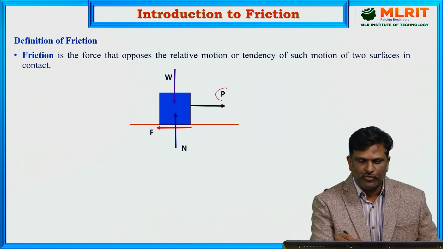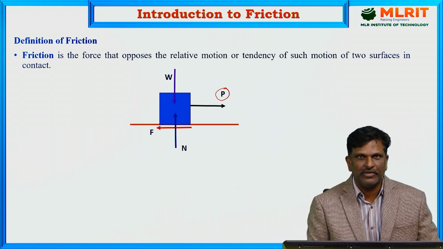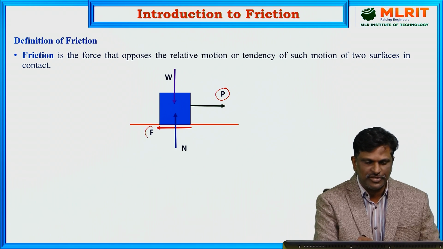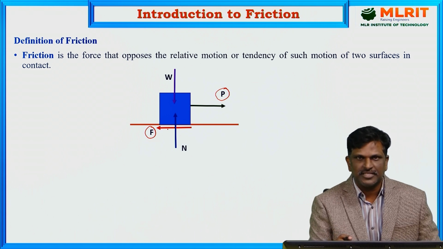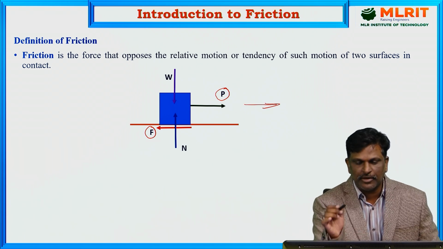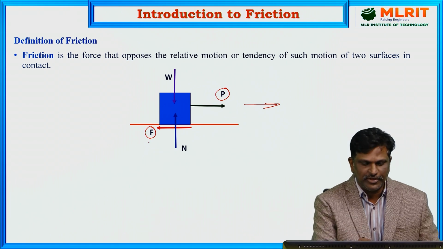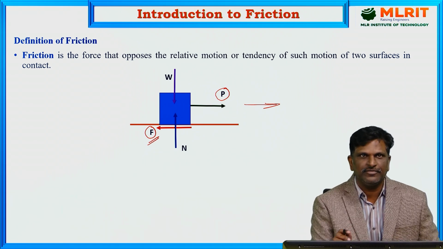If the force P is not sufficient to move the body, the body will be at rest. In that case, the friction between the contact surfaces, that is body and the block, is called static friction. When the body starts moving along the force, then the friction between the contact surfaces is called kinetic friction.